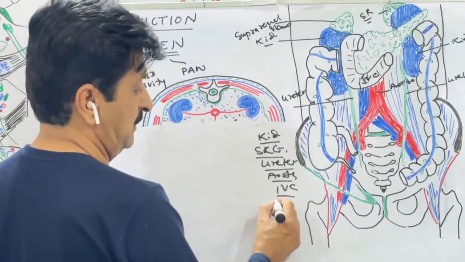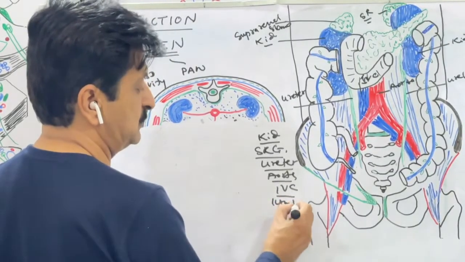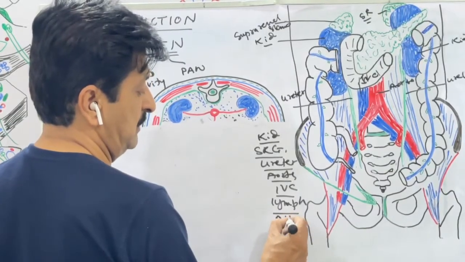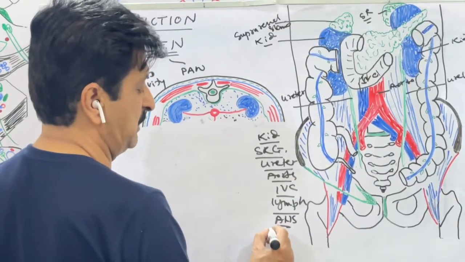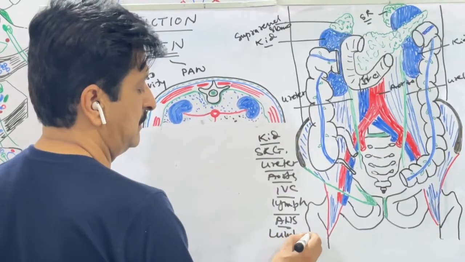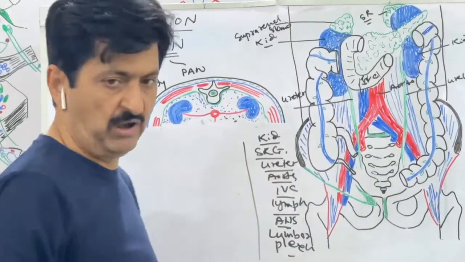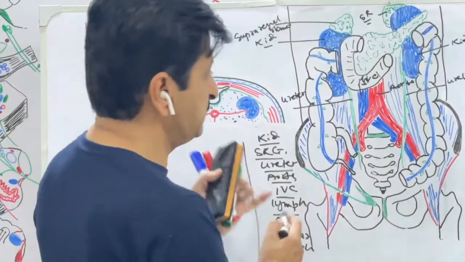At the same time, some important lumbar lymph nodes, and then autonomic nerves also. And at the same time, you see the lumbar plexus as well. These structures we will discuss in the posterior abdominal wall. Most of them are in the retroperitoneum.